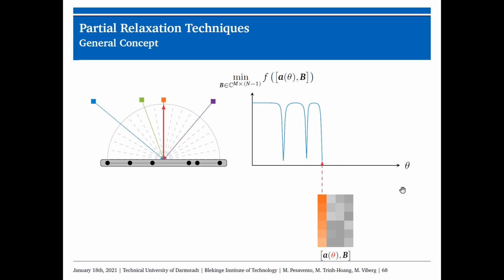We can explain this phenomenon by noting that if the candidate steering vector coincides with one of the true steering vectors, which we have here for example, then with the B matrix modeling all the remaining n-1 sources, we can achieve a perfect match at a high SNR or high number of snapshots.